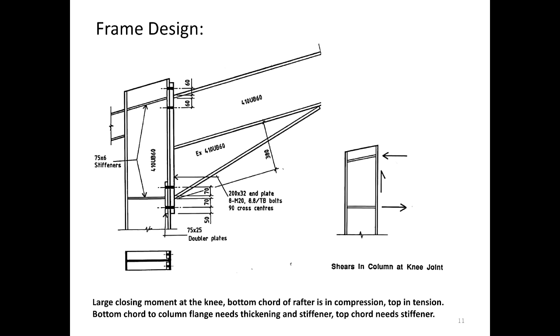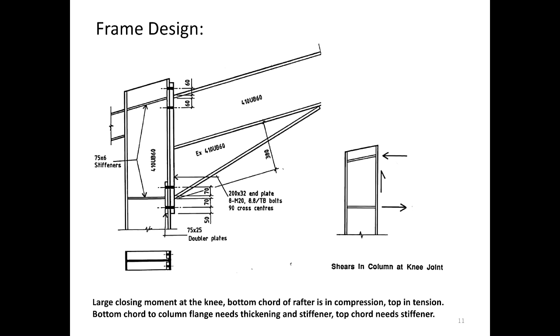we have what we refer to as a Doppler plate, which is what you're seeing there. Can you see that? Doppler plate. So that prevents the bottom chord from failing at that particular point.